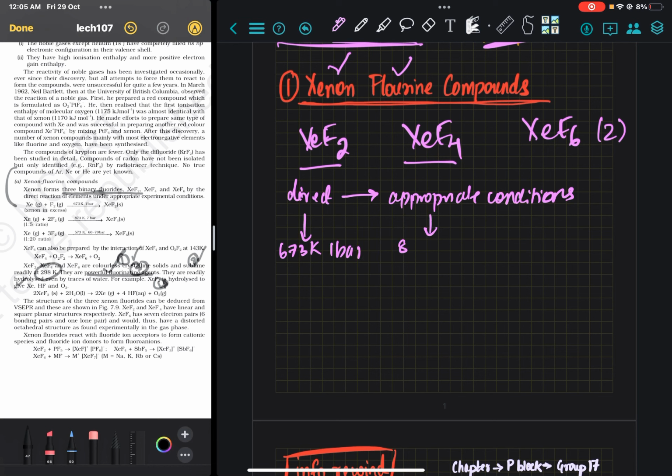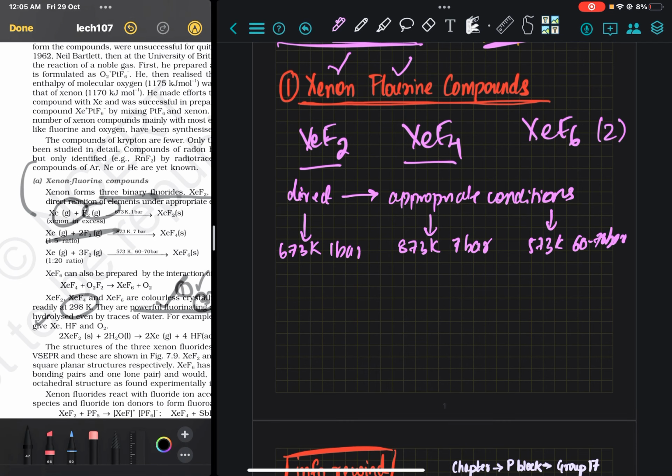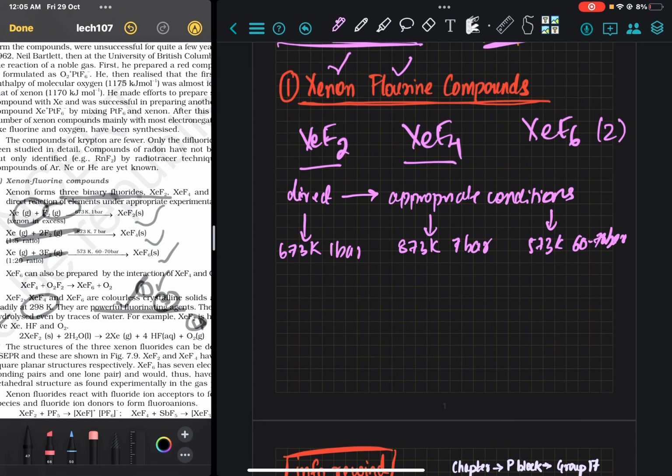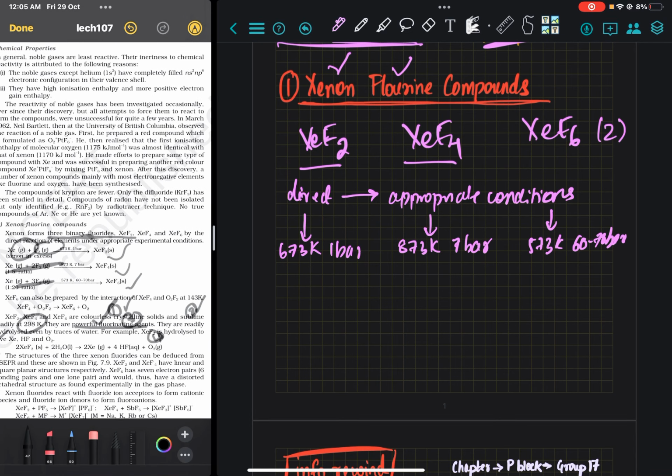Here it is 873 Kelvin temperature, 7 bar pressure. Here it is 573 Kelvin temperature and 60 to 70 bar pressure. In all these cases, the reactants are in gaseous phase, but the products are in solid phase. That is a point given here.